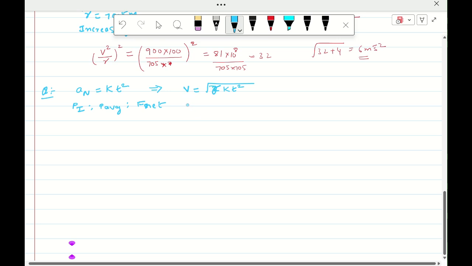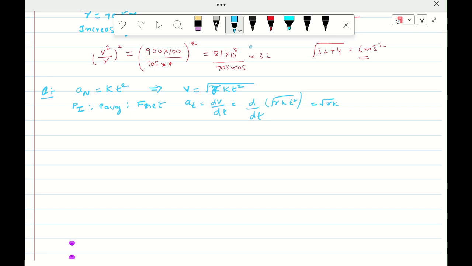So when V is there, I can go with AT. AT is equal to dV by dt. So that equal to dV by dt of root R KT square. So that is root RK after derivation. So now AT I know and AN I know.